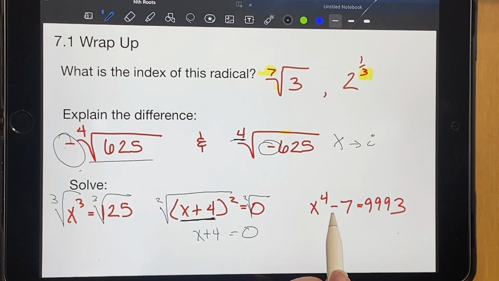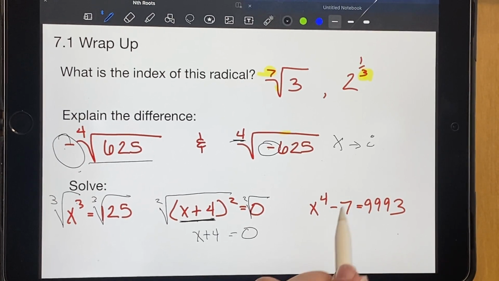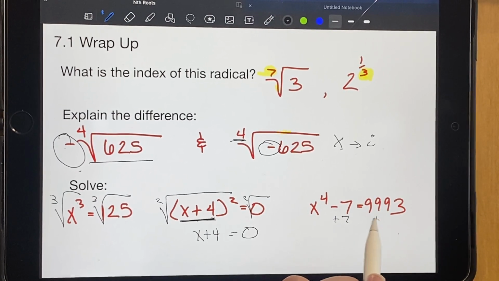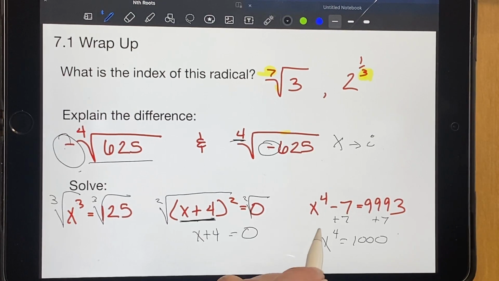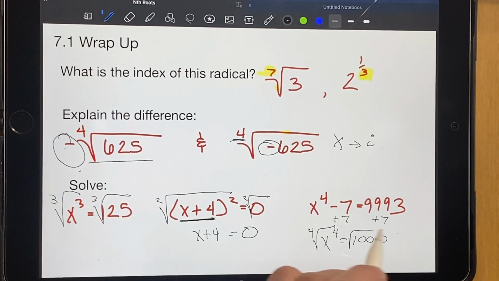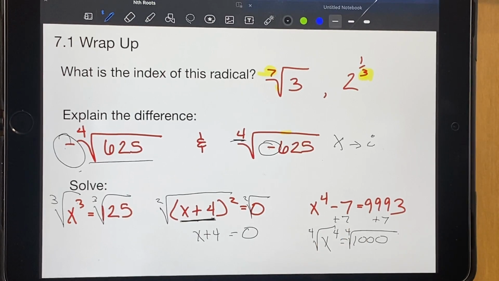In this one, we're going to get x by itself first. So we're going to move our 7 over, change sides. It changes signs. And I'm going to have x to the 4th is equal to 1,000. Then we take the fourth root of both sides. And I'm going to get x here.